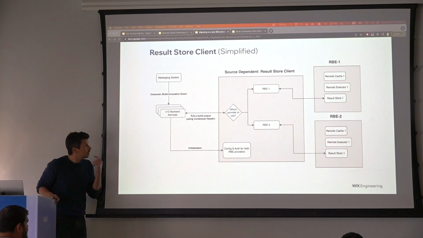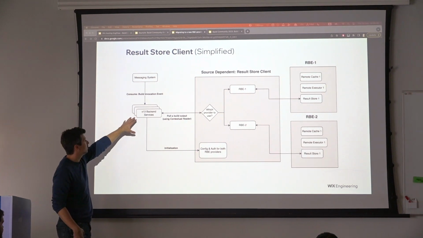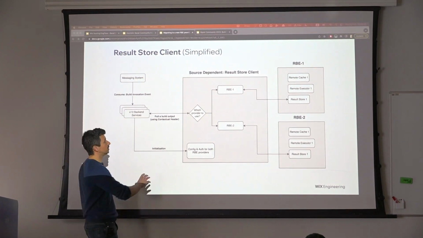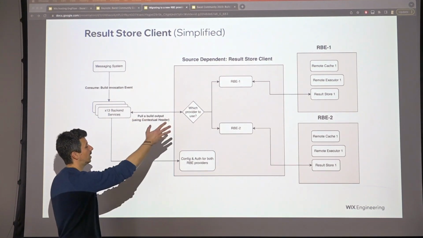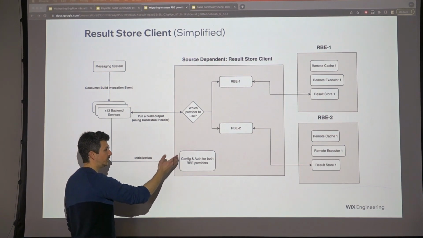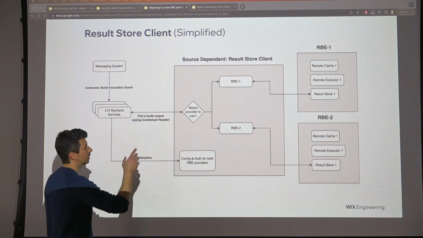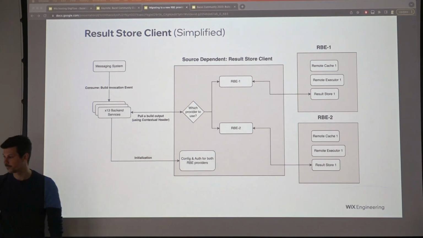So, a simplified messaging system. Those 13 backend services get the build invocation event. They are using the source-dependent results store client. The results store client already has the config and authentication for all supported RBE providers, and then it issues requests to the relevant RBE results store.